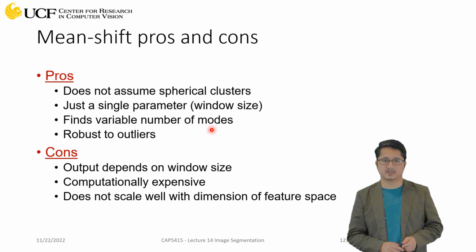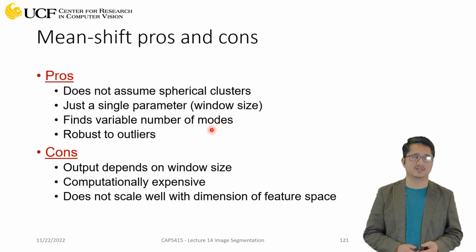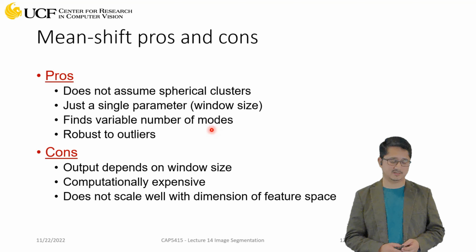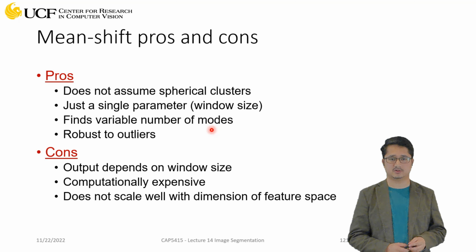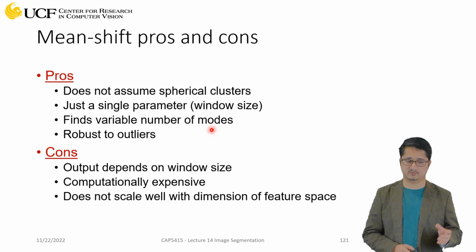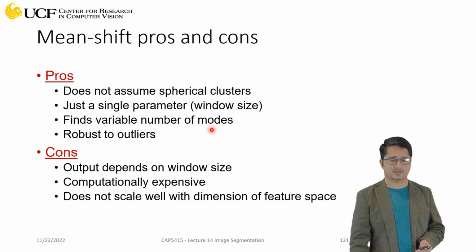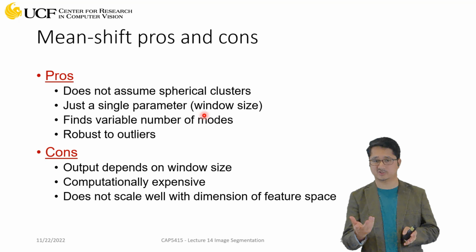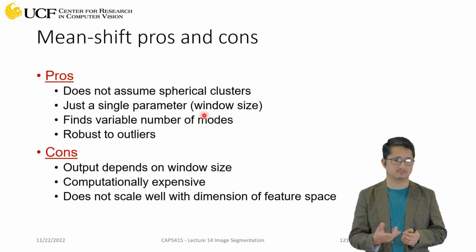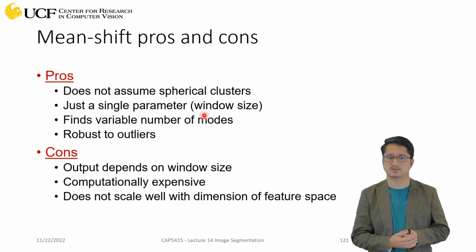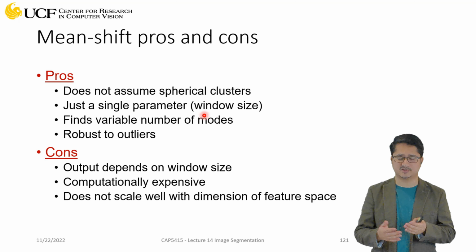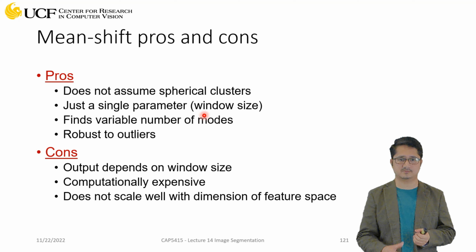The good thing about mean shift is we don't need any estimation of how many clusters we have to determine. It will do it automatically for you. And it doesn't matter how many modes you have in your color. For example, some images might have just 2 modes or 2 segments, and it will work in that case as well. Some images might have hundreds of different segments, and it will operate in that case as well.